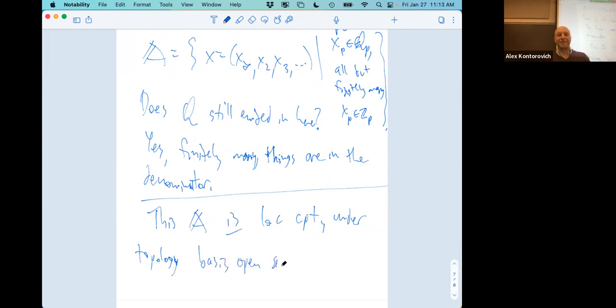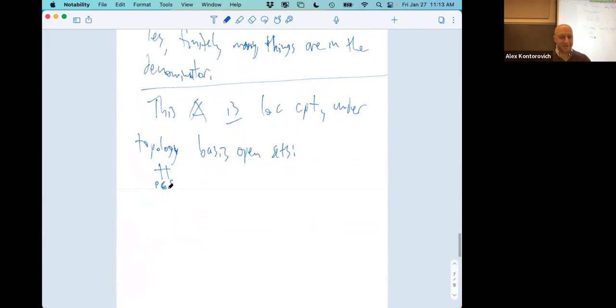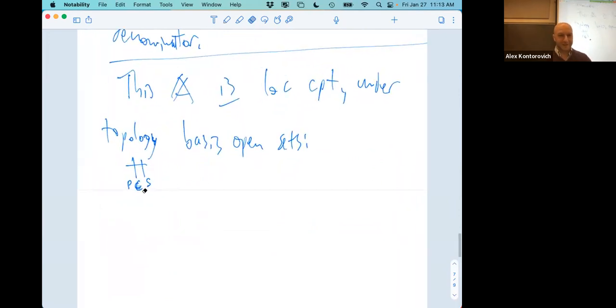A basis of open sets: I'll have a product over places in some finite set S of open sets U_p, crossed with Z_p for all the other infinitely many places.